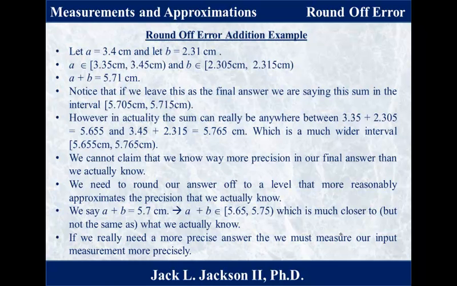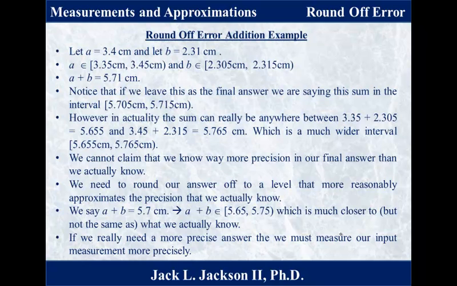And we say B is approximately 2.31 centimeters, so it's actually between 2.305 centimeters and 2.315 centimeters. Well, what do we give for A plus B? Well, we're just going to add 3.4 and 2.31. You should be able to do that in your head or with the calculator as well. And of course, we get 5.71 centimeters.